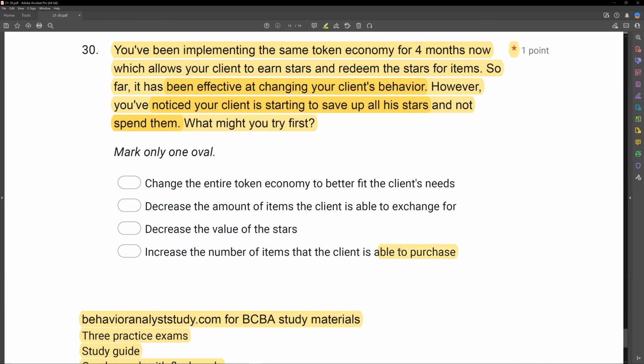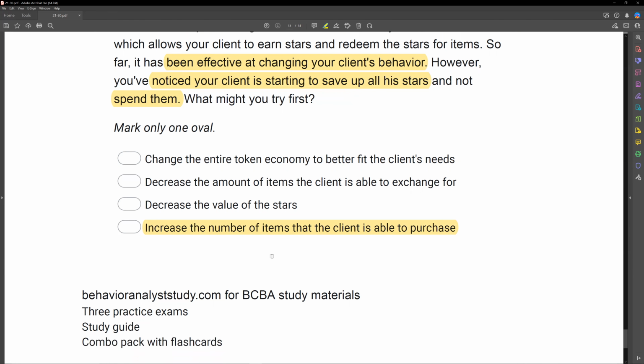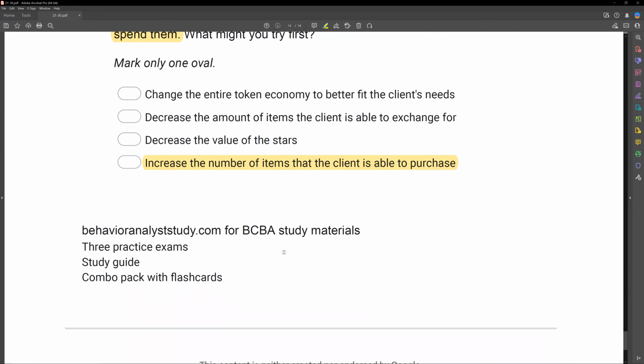So maybe we just don't have enough valuable luxury items. We have to do another preference assessment. We need to get him start spending his stars again so those stars remain reinforcing and motivating. So however you've noticed your client is starting to save up all the stars and not spend them, what might you try first? D, increase the number of items that the client is able to purchase.